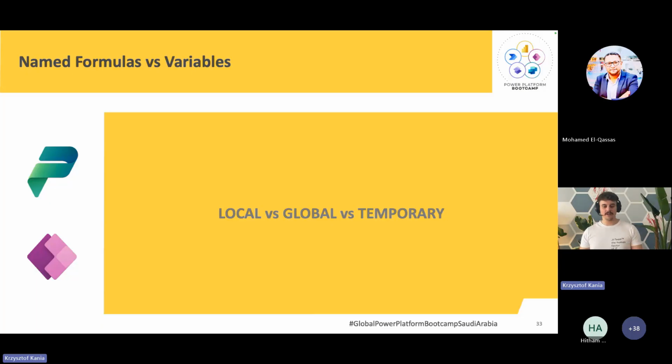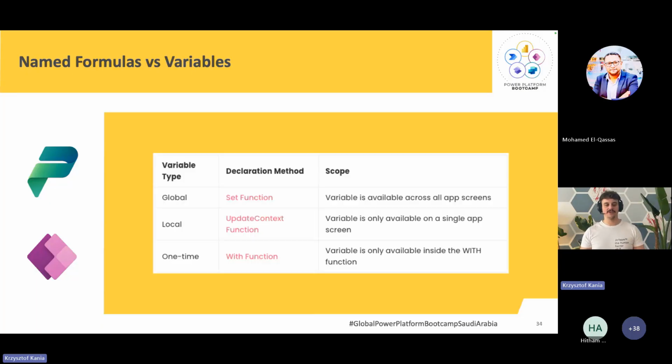We have local, global, and temporary. All of those 3 have a different usage. Global is available all across the application. Local is available on one screen only, unless we provide that value with the Navigate function to a different screen. And with a function, which is one time, a temporary variable.